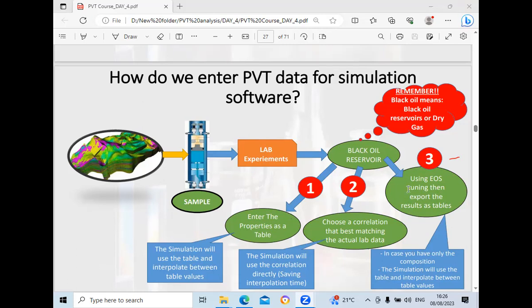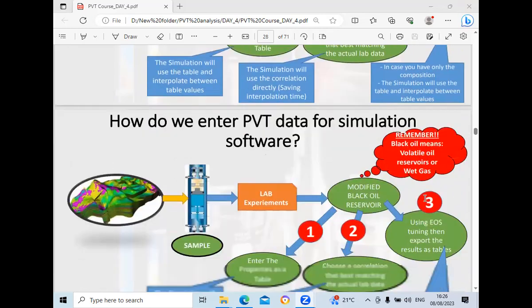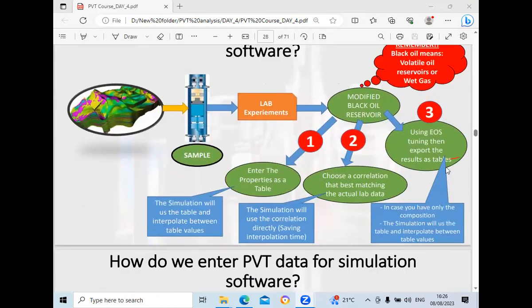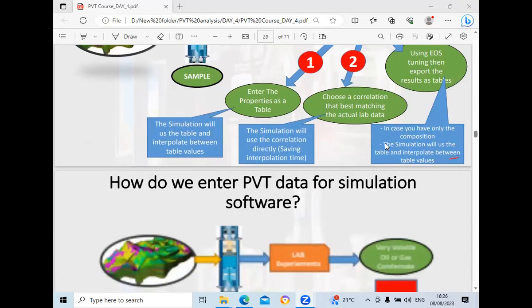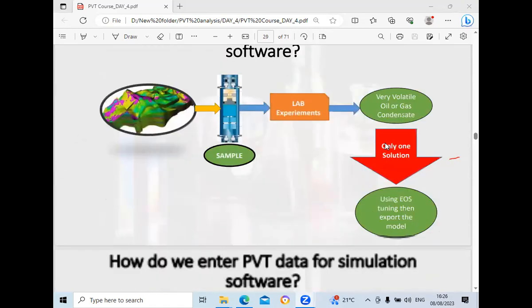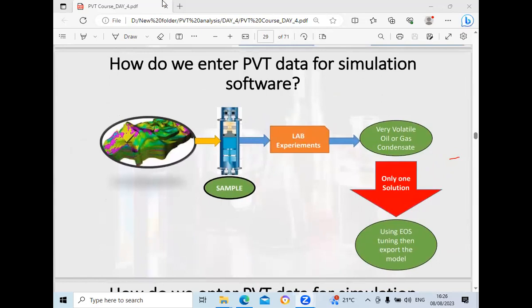It's mostly used for compositional model, but it is still possible for you to develop an equation of state. For a modified black oil reservoir, I think it's just similar to the black oil. It's just a modified or an upgrade of the black oil. I said we'll not dwell on that. We'll dwell on black oil and compositional.